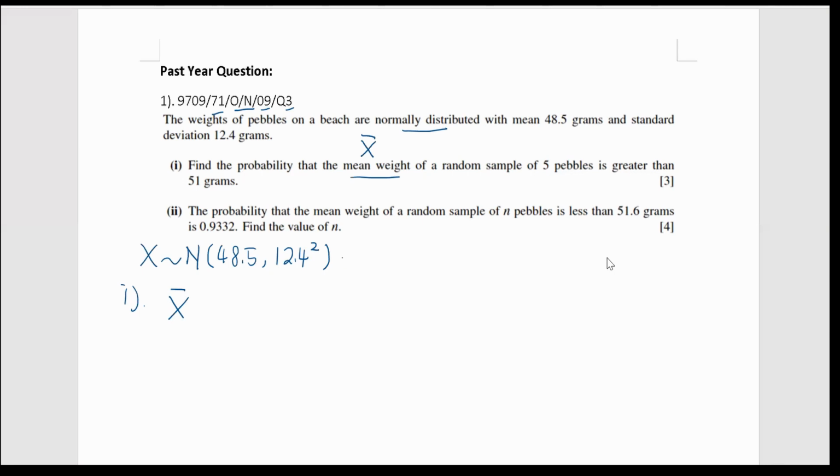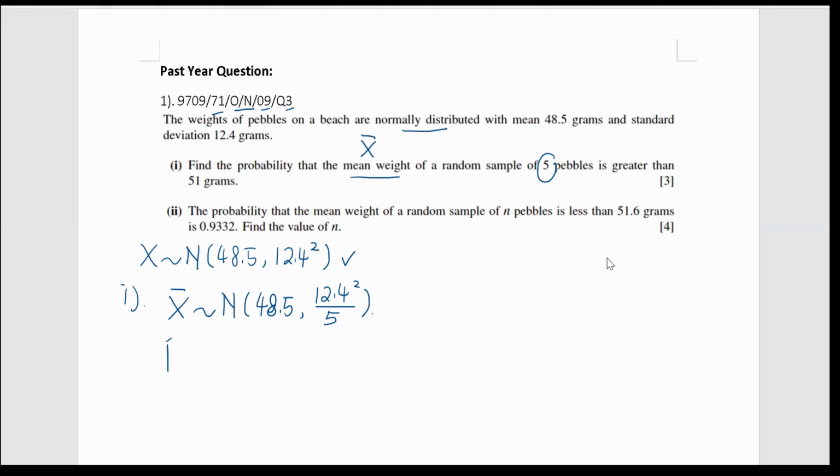As given, the weight of pebbles is a normal distribution, hence the mean weight of the pebbles is going to be a normal distribution, where the mean is 48.5 and the variance is going to be 12.4 squared divided by the sample size, a random sample of 5 pebbles. So divided by 5, right?